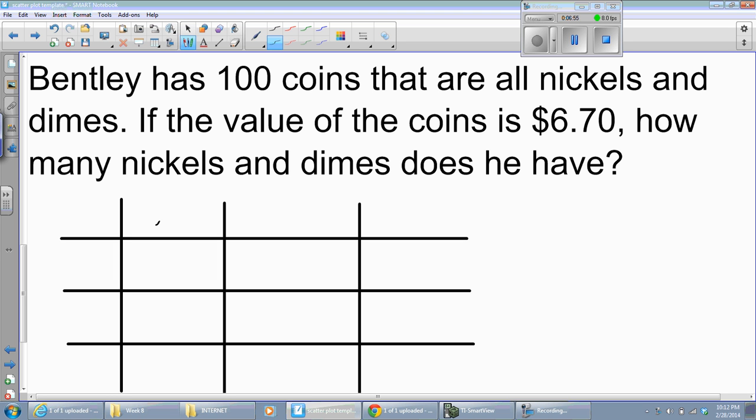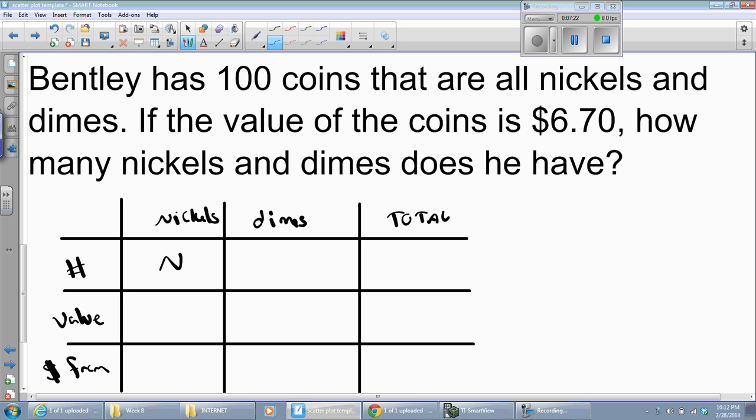Well, I am talking about nickels and dimes. And of course, I need my total. I'm worried about the number, the value, and then of course, the money from the nickels, the dimes, etc.